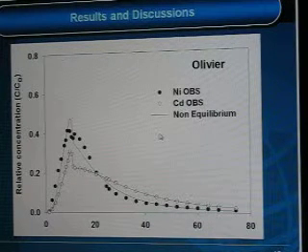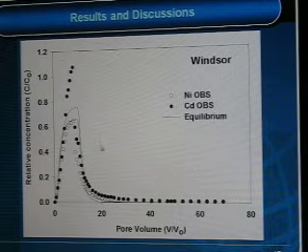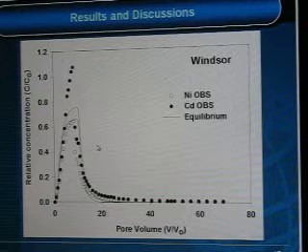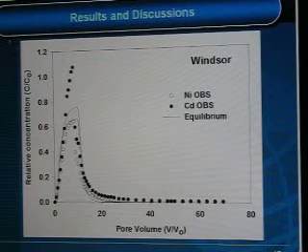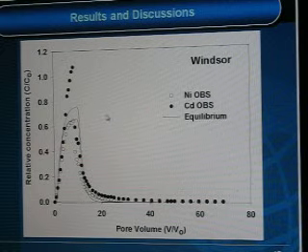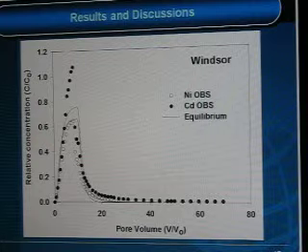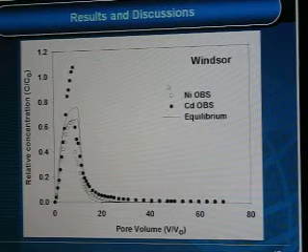This also happened for the winter soil. The presence of nickel and cadmium in the column at the same time made the nickel transport behavior change from non-equilibrium transport to equilibrium transport behavior.